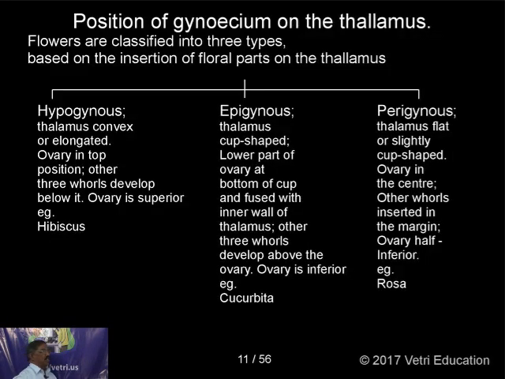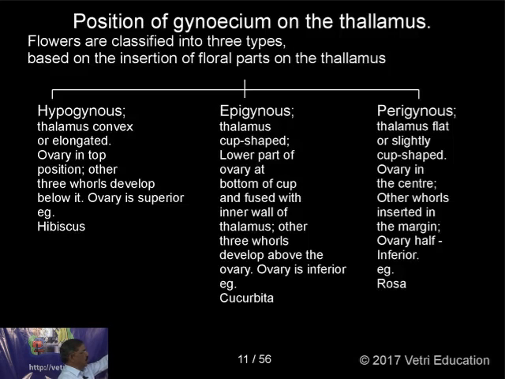The position of the gynoecium on the thalamus is very important. You have to remember the position of the gynoecium on the thalamus, which is based on the insertion of the floral parts on the thalamus. Flowers are differentiated into 3 types. Hypogynous: hypo means below the gynoecium.